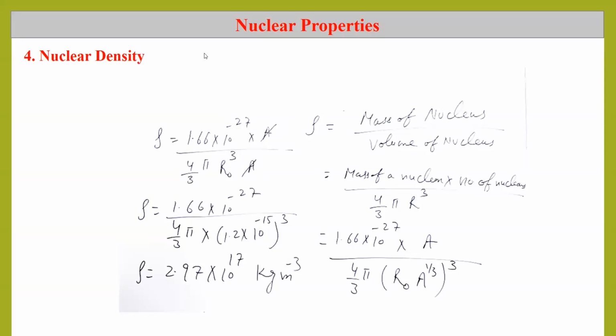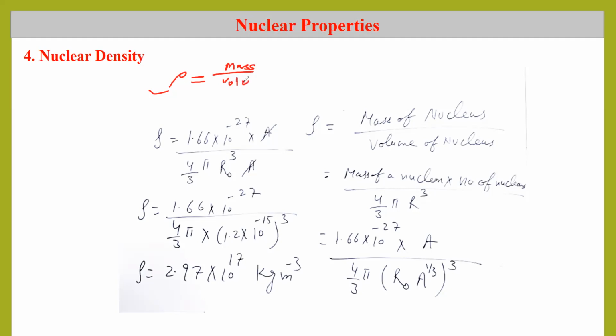Now come to the nuclear density. How can we calculate the nuclear density? Density is represented by rho. The formula of rho is mass upon volume.